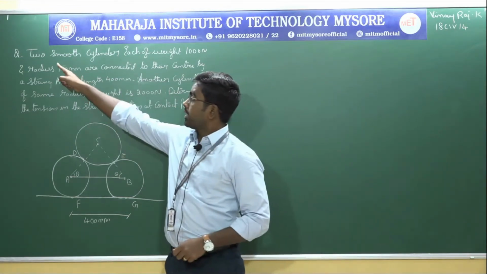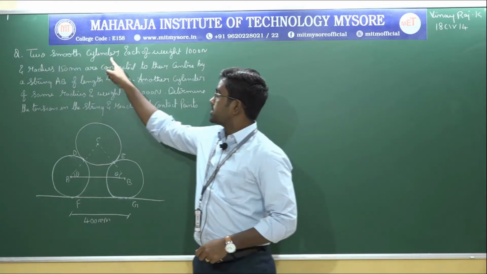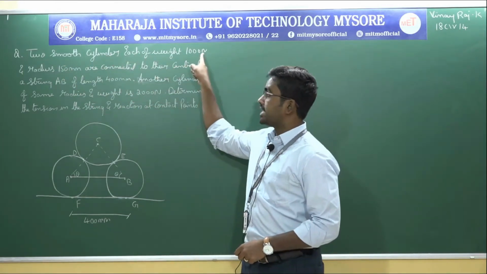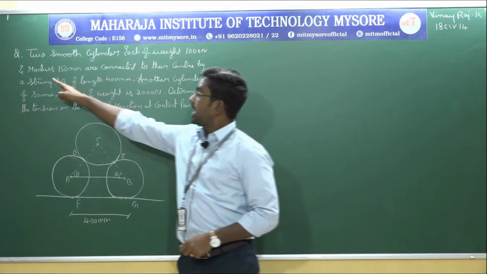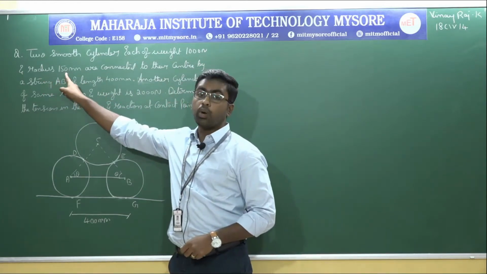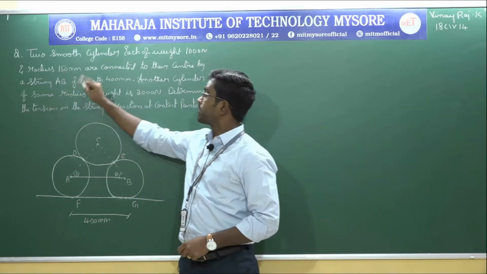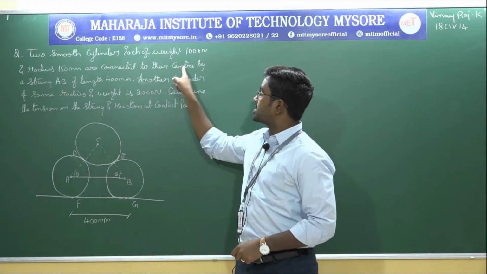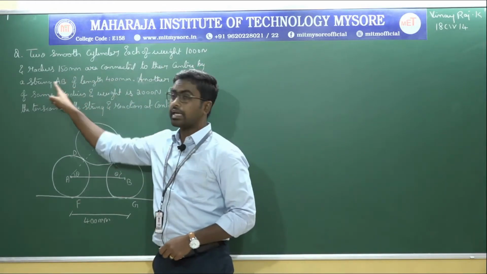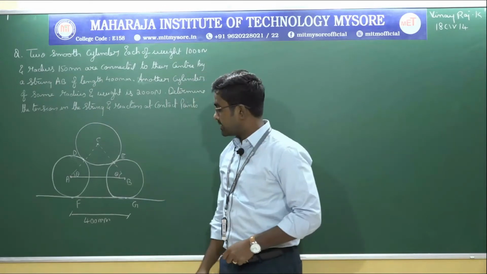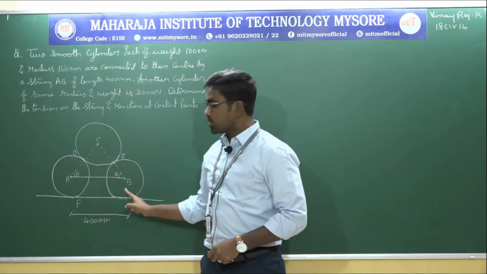So here, there are 2 smooth cylinders, each of weight 1000 Newton and the cylinder radius is 150 mm, right? They are connected at their centers by a string AB. That means, see, these are the 2 cylinders.